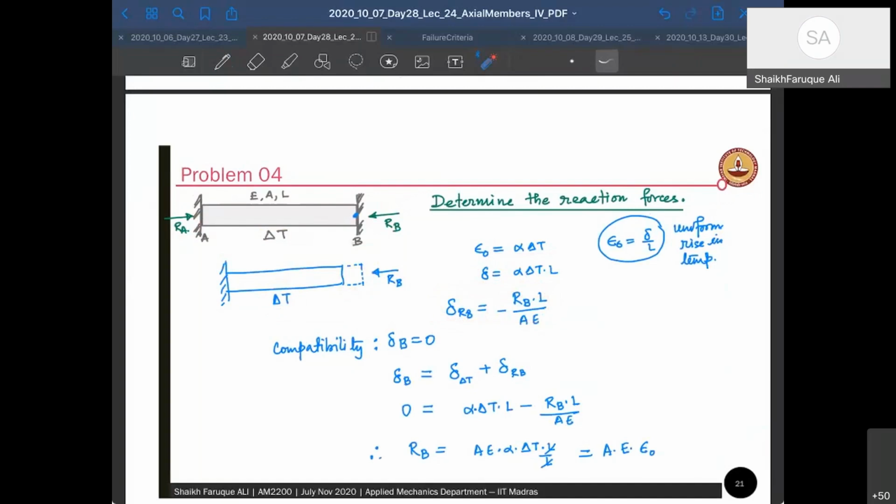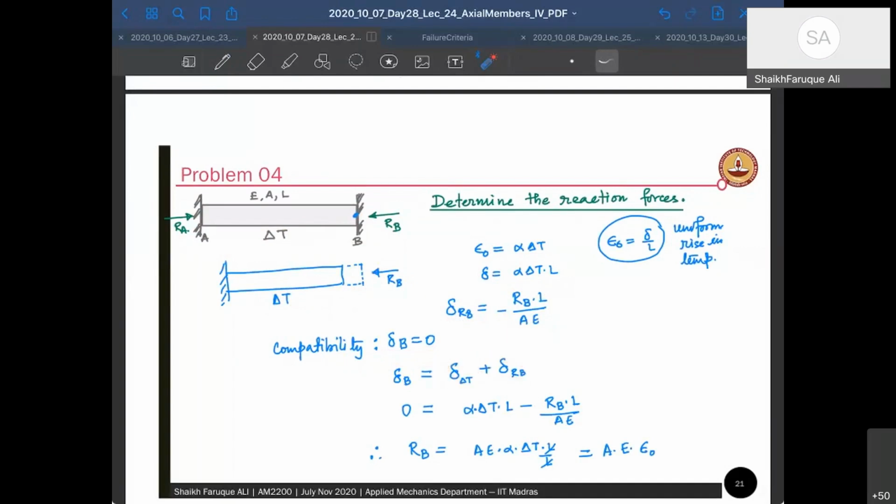Now, physically, in reality, the structure will not have any deformation at this point because it is bounded by the wall. So the deformation due to the change in temperature and the deformation due to RB, the force that is acting from the wall, should counterbalance each other. Therefore, the total deformation compatibility condition is delta B equal to 0, and that gives you delta T plus delta RB should be equal to 0.